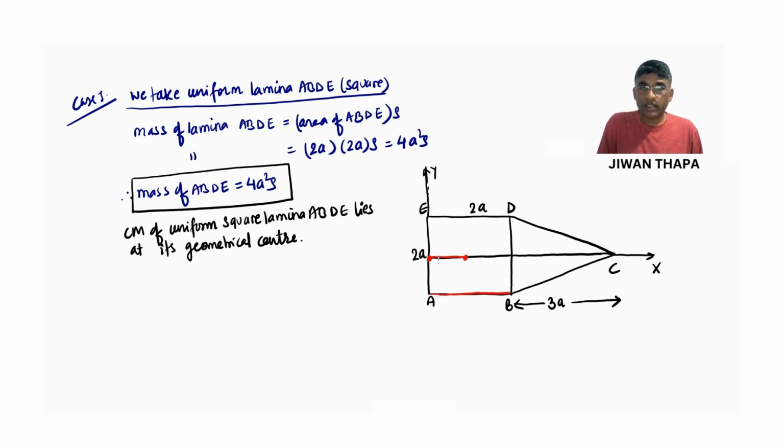And we know the center of mass lies on the axis of symmetry. Therefore, the x coordinate of the center of mass of this square lamina is A, and its y coordinate is 0. So the center of mass of the uniform square lamina ABDE lies at its geometrical center.